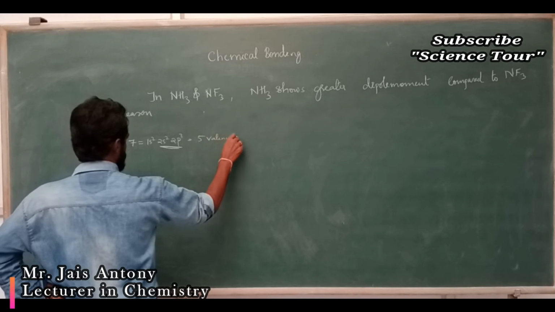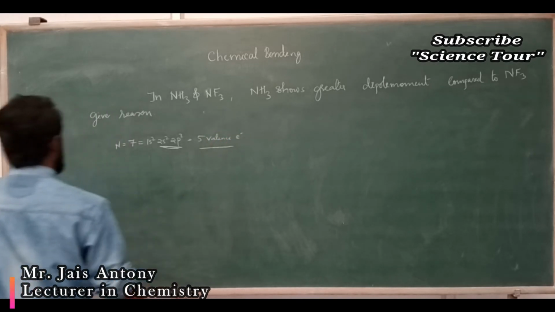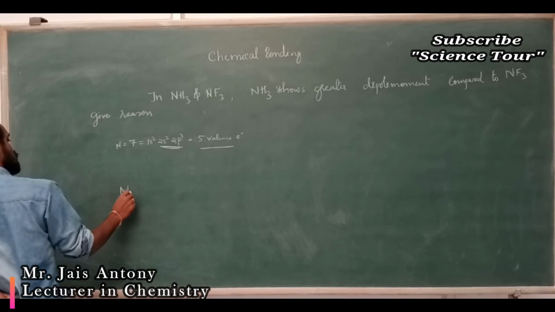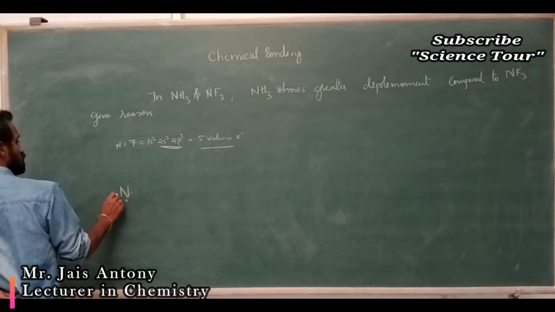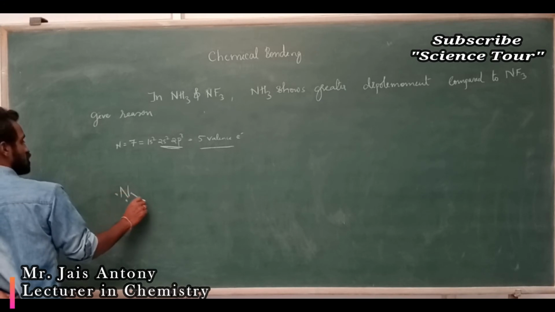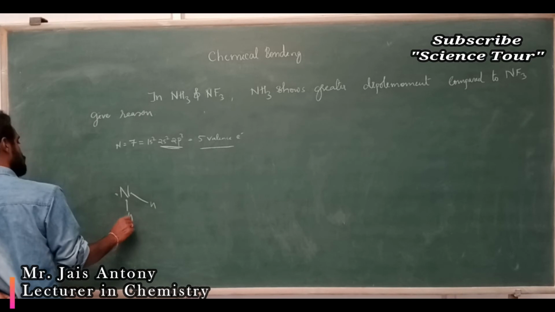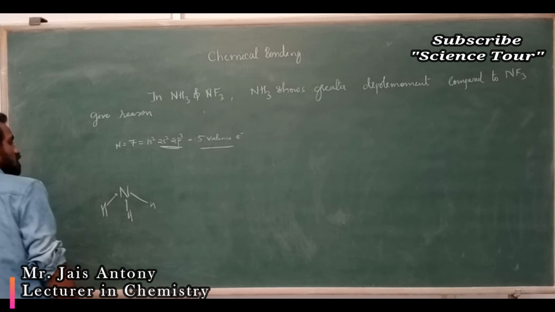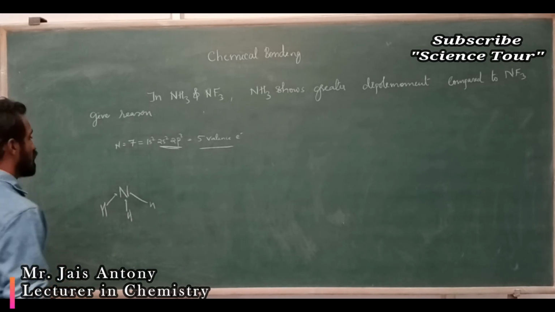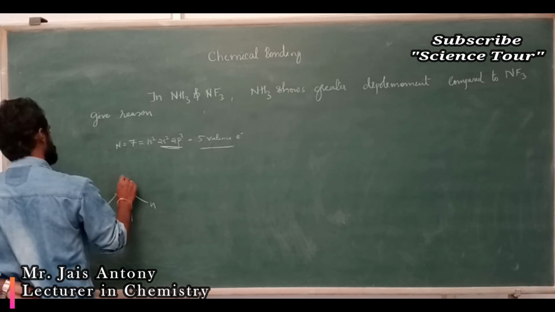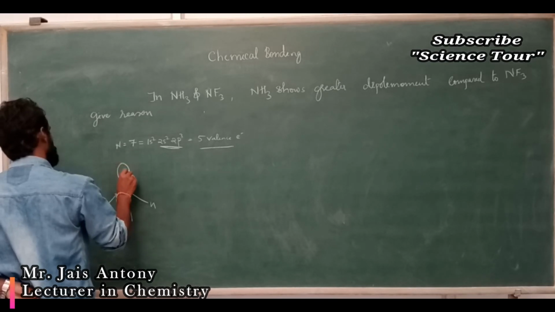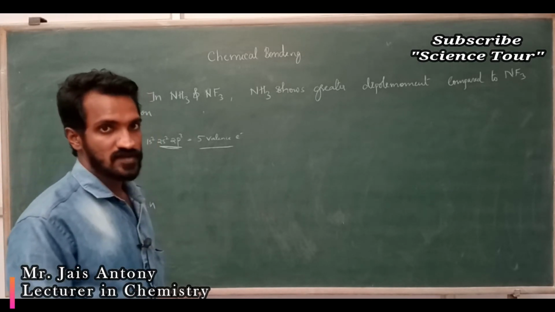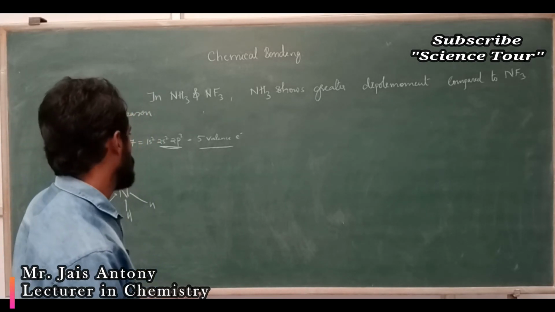When we draw the structure of NH3, 3 electrons are used for bonding with the 3 hydrogen atoms. The remaining 2 electrons are a lone pair and do not take part in bond formation.